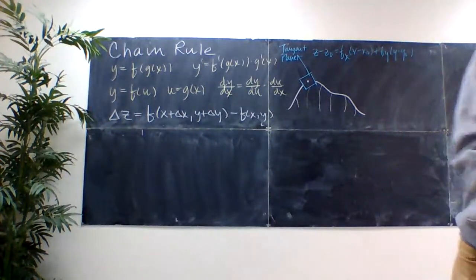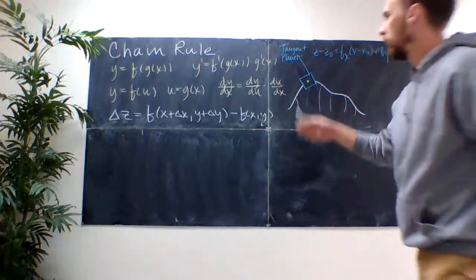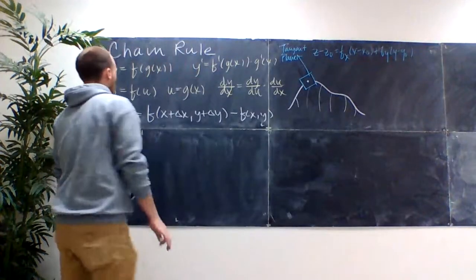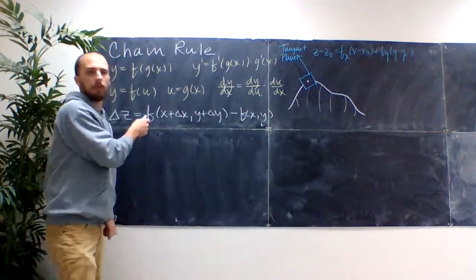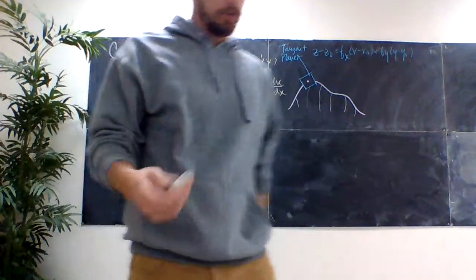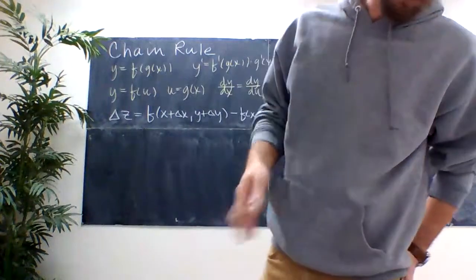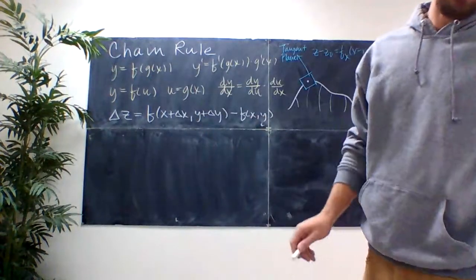So when I go to actually look at this, I use the tangent plane to approximate it. If f is differentiable, the tangent plane approximates f.